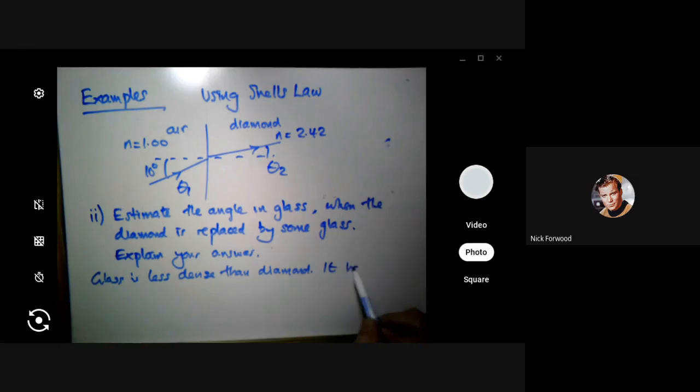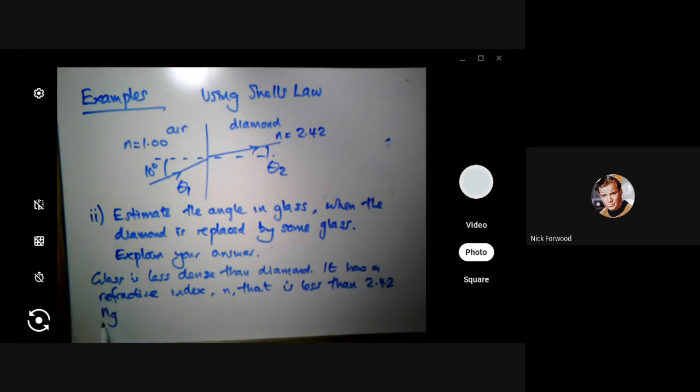It has a refractive index n that is less than 2.42. And we know what the refractive index is. For glass, it is 1.5.